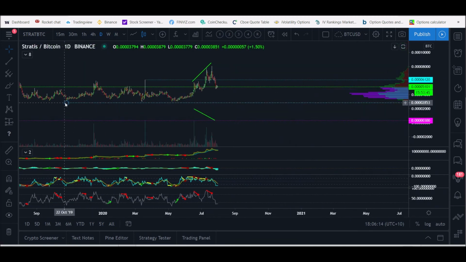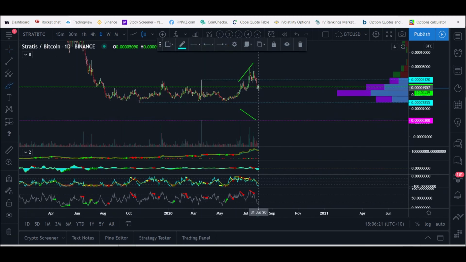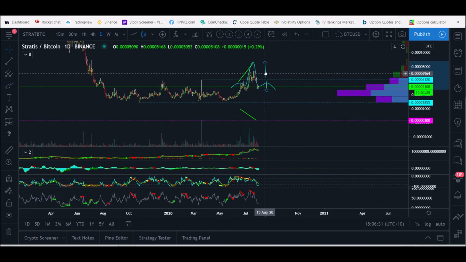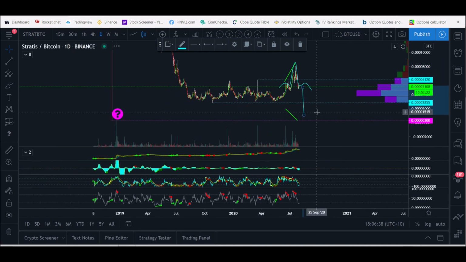Strat could come back down to play the very bottom of this range. So we could see this. This actually looks like a potential head and shoulders here. So if we do take that, roughly from the head to the neck, back down to here, I wouldn't like to see that happen.